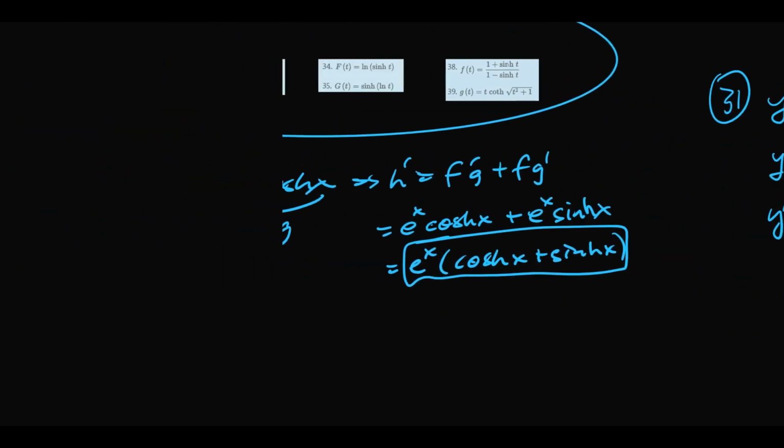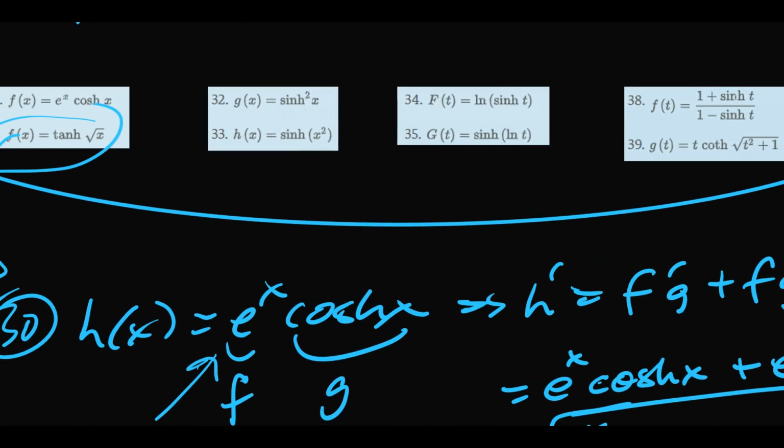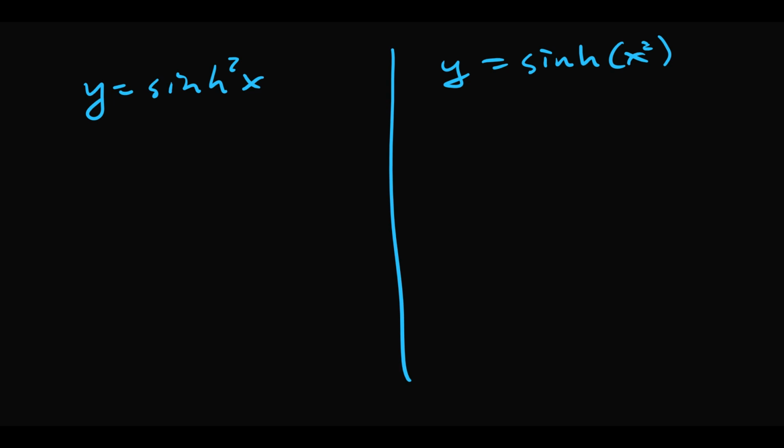All right, I want to look at one with maybe a natural log. Make sure you understand the difference between these two, it gets kind of interesting. If you want, I can do a video of that one. Well, heck, I'll just do it real quick. We're comparing these two. So this one here on the left is hyperbolic sine of x quantity squared.